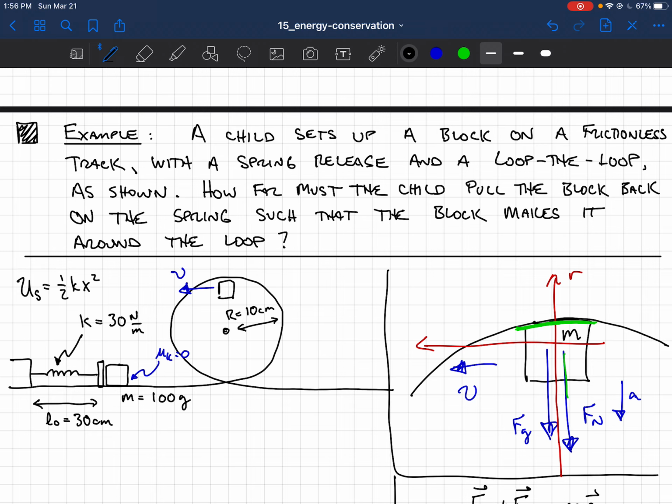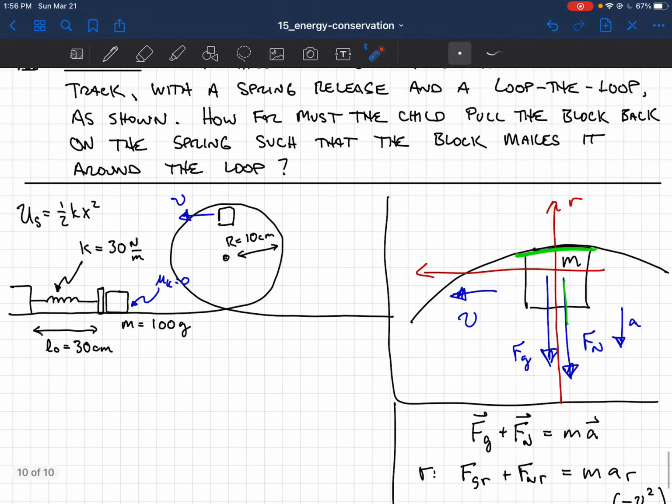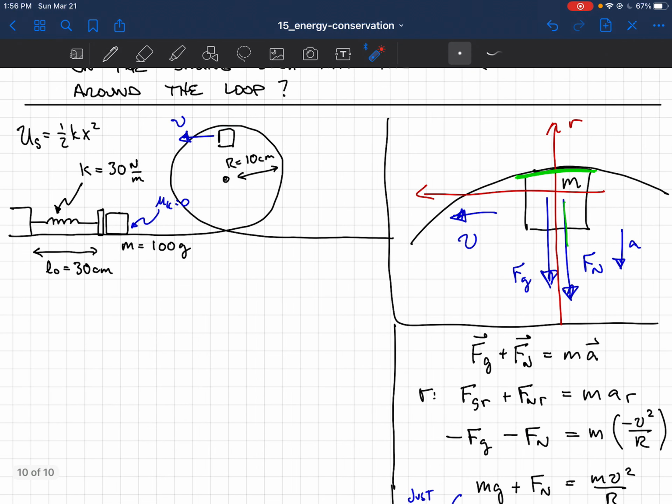That depends on how much you compress the spring. And that potential energy, when you release the spring, will lead to kinetic energy of the block here, and then the block will do the loop-de-loop, and it'll end up here with some different velocity than it had here, because now it has to deal with potential energy due to gravity. We don't need to deal with each of these things separately. We just need to take a case A and a case B. So let's sketch that out.